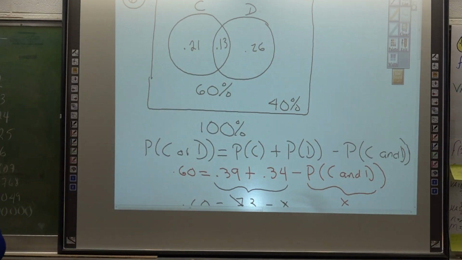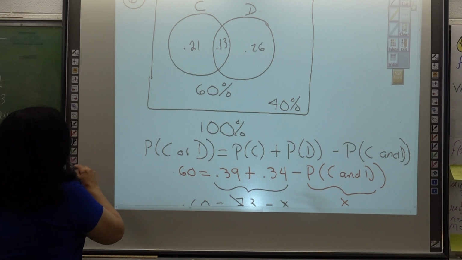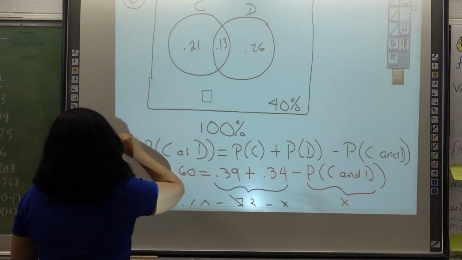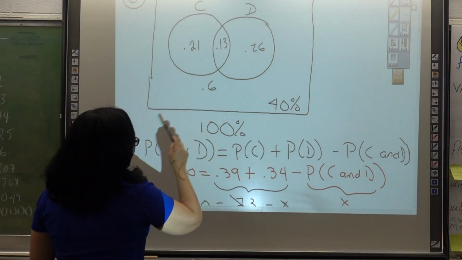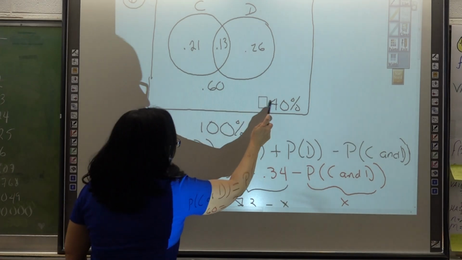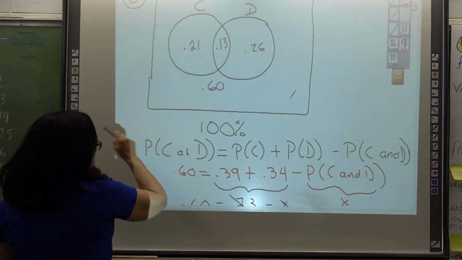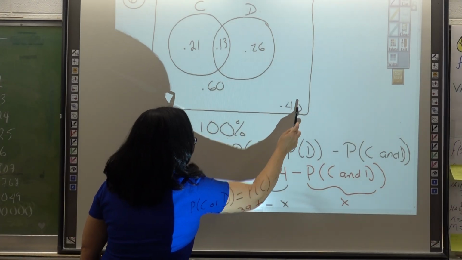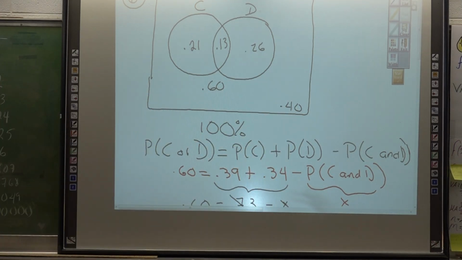I think with this one we're ready to find out. 0.60 and 0.40, putting all of them as decimals. You don't have to, just be consistent, okay?